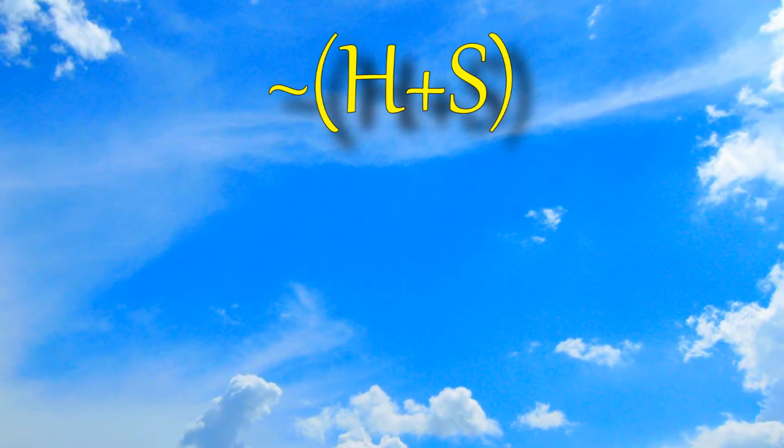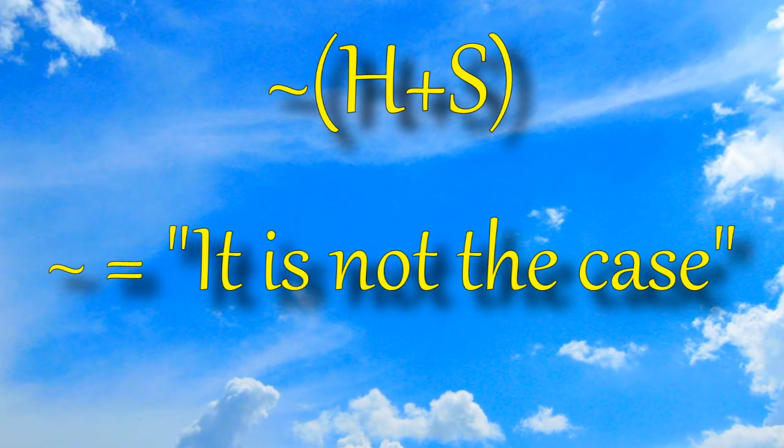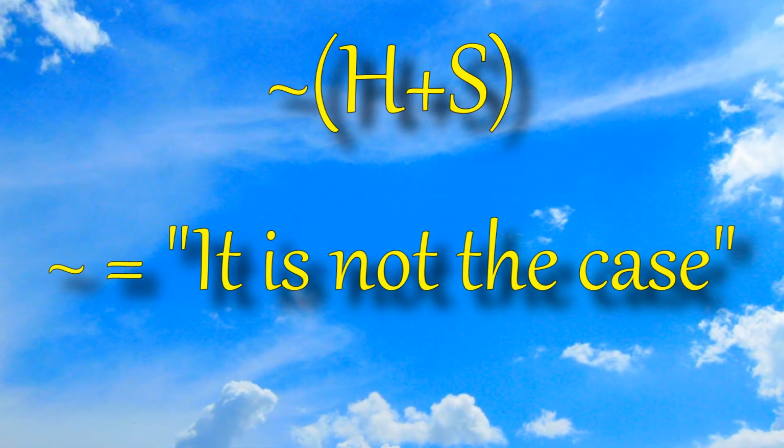And in this case, the tilde, which is representing the statement it is not the case, would be the major operator. In cases where the major operator of a logical statement is always true, you have what's called a tautology. And in cases where it's false, you have what's called a contradiction. We call it the major operator because it's the most important operator that's used in the logical statement.